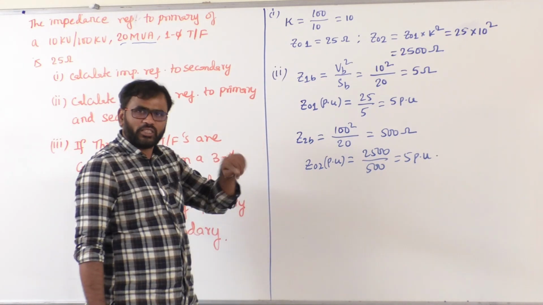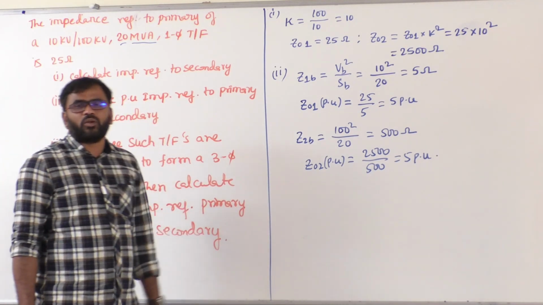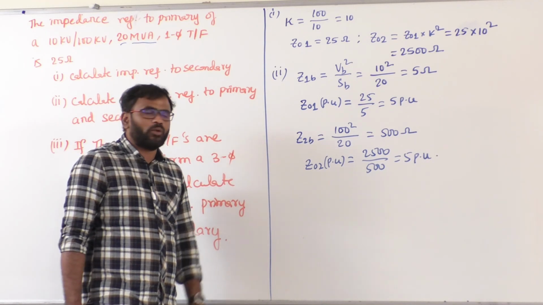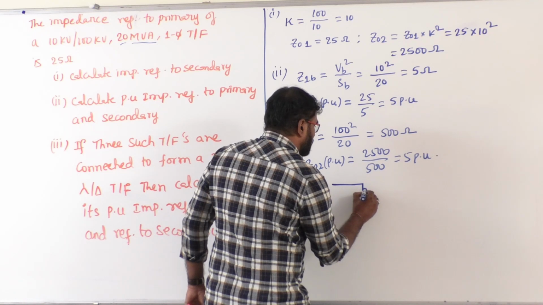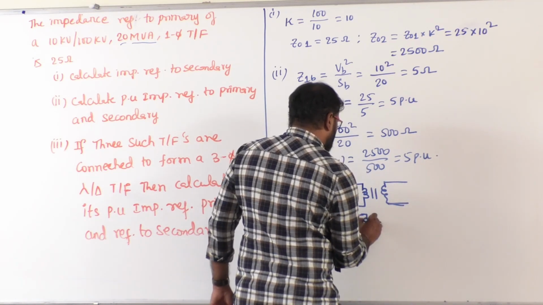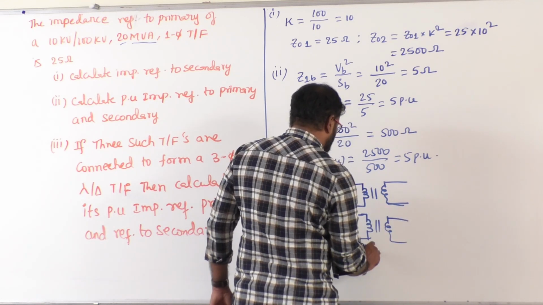But what about a three phase transformer? Indirectly, if three such single phase transformers are converted to form a three phase star delta transformer, what happens? For example, let's say transformer number 1, transformer number 2, and transformer number 3, these three single phase transformer banks.